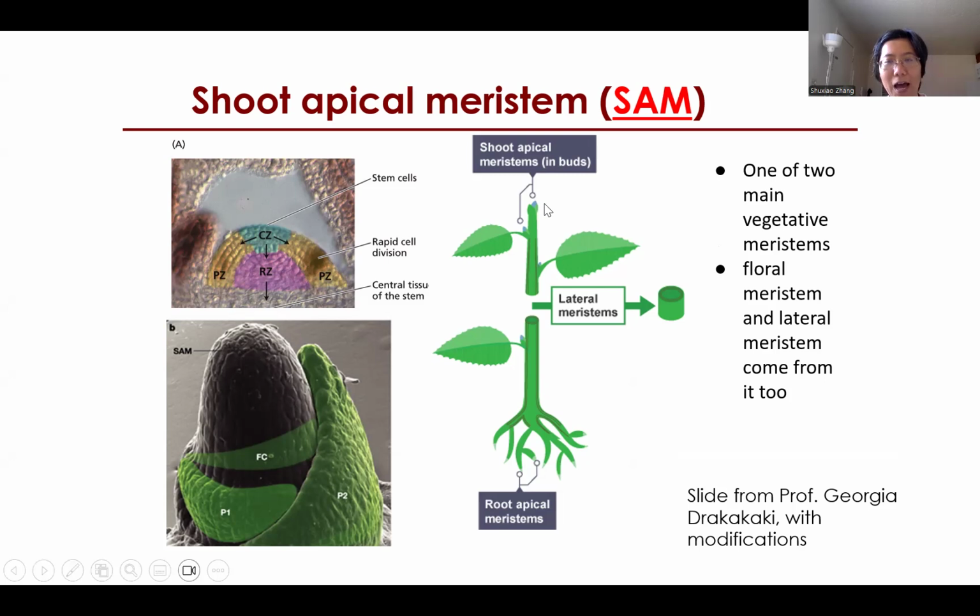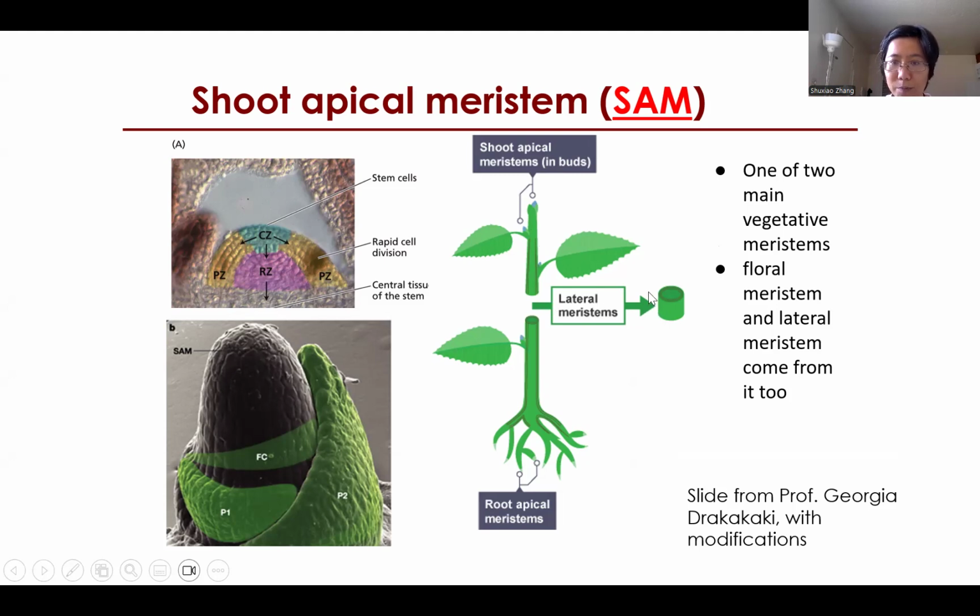Because remember, you have to have the shoot apical meristem first, which gives rise to the lateral or axillary buds. And then the axillary buds can give rise to the branches, all their associated organs and meristems, as well as become the next stem if the terminal bud gets chopped off.